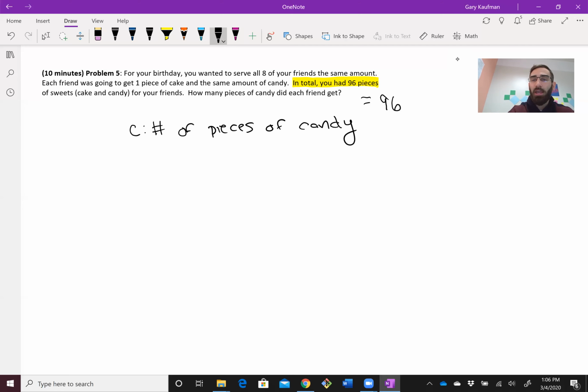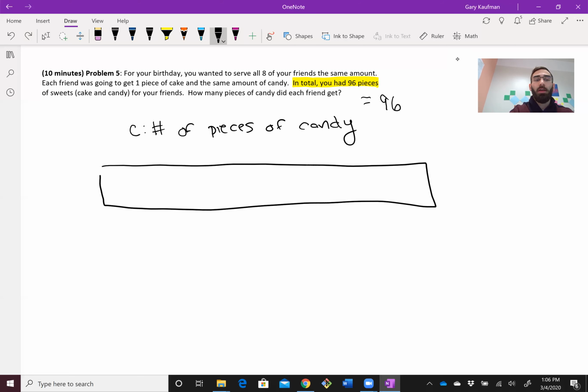I'm going to use a diagram this time. I didn't last time. So I want all 8 of my friends. I don't think that's a big enough diagram I just made because there's 8 friends. So all 8 friends get the same thing. So I'm going to break this into 8 to represent the 8 friends.